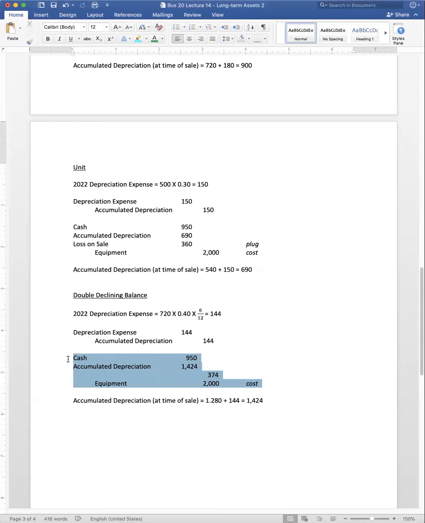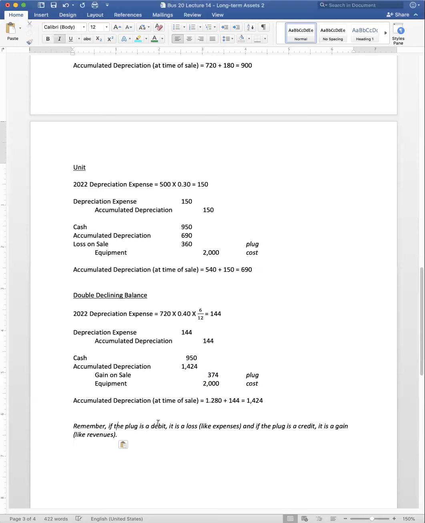So the total entry here is going to show a gain on sale, or just plain gain, of $374. Okay, so just to review, if the plug is a debit, it's a loss, and if the plug is a credit, it is a gain.